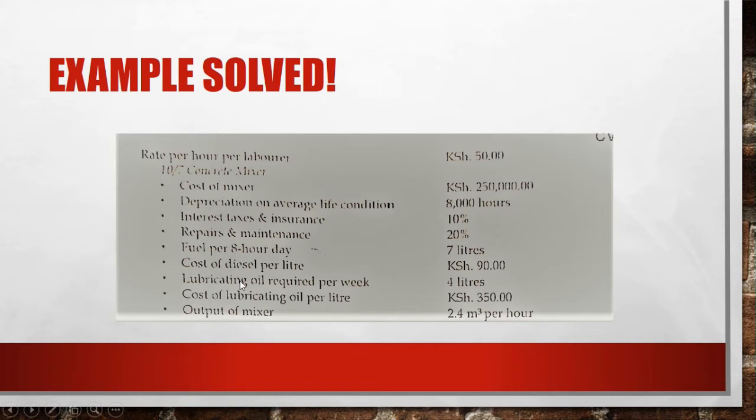We are also provided with lubricating oil required per week, 404 liters, at a cost of 350 Kenya shillings per liter. The output of the mixer is given as 2.4 meter cube per hour.